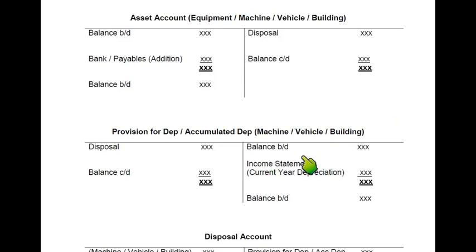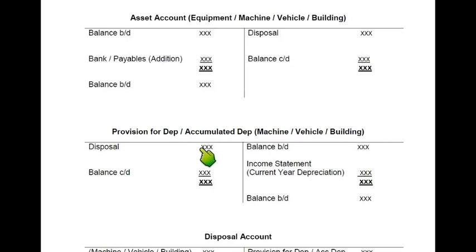So for balance BD, as you are aware, provision is a contra asset, so the balance BD always comes on the credit side. If balance BD is on the credit side, balance CD, the closing balance, will come on the opposite side, that is debit. And if we charge depreciation this year, we'll make an entry: income statement debit and provision account credit. The income statement will be debited because depreciation is an expense and the nature of an expense is always debit. And whenever provision is increased, it will be credited because provision is a contra asset.